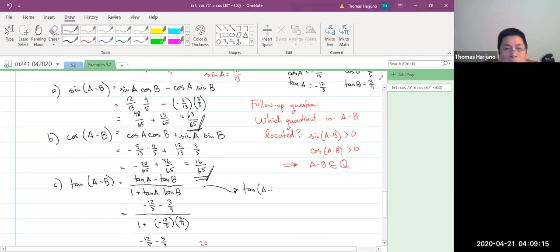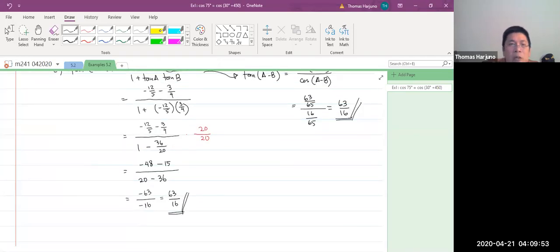Tangent A minus B is equal to sine of the difference over cosine of the difference, which is 63 over 65 over 16 over 65, which simplifies to 63 over 16, as we expected, the same as what we had earlier.